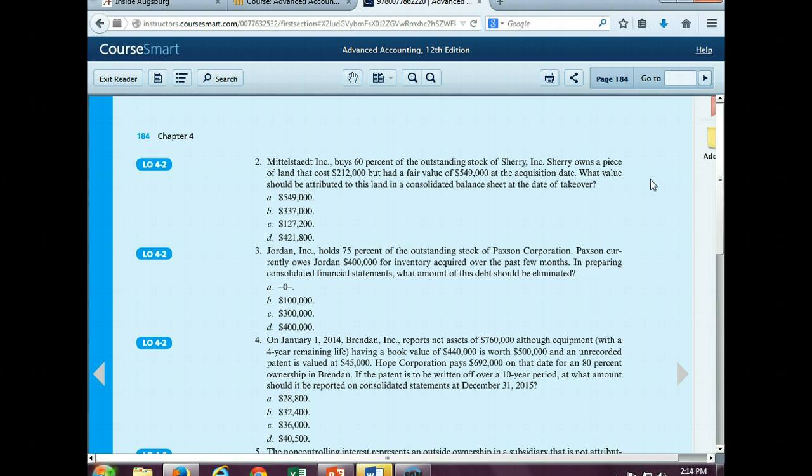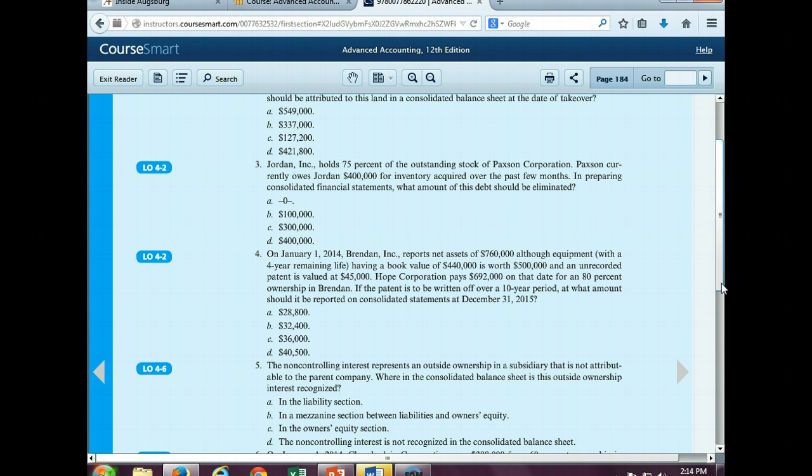Number 4 says, on January 1st, Brendan Inc. reports net assets of $760,000, although equipment with a 4-year remaining life has a book value of $440 and it's worth $500,000, and an unrecorded patent is valued at $45,000.